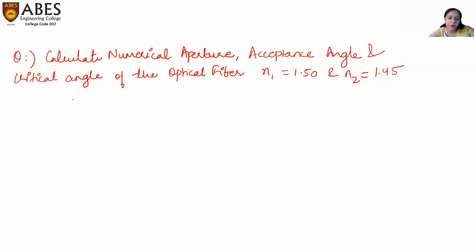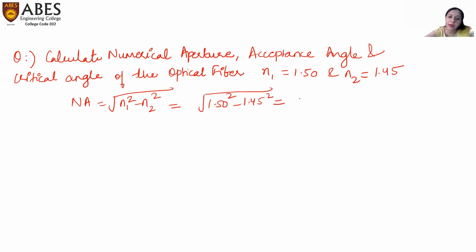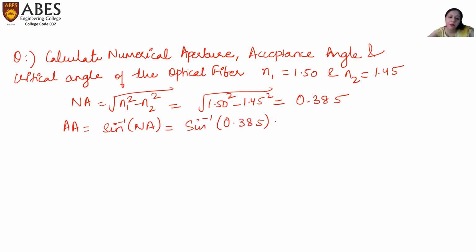We have numerical aperture given as under root of n1 square minus n2 square. We are going to use this formula. It will be 1.50 square minus 1.45 square. So the numerical aperture will be around 0.385. Acceptance angle will be simple sine inverse of numerical aperture, so sine inverse of 0.385, which comes out to be 22.6 degrees.